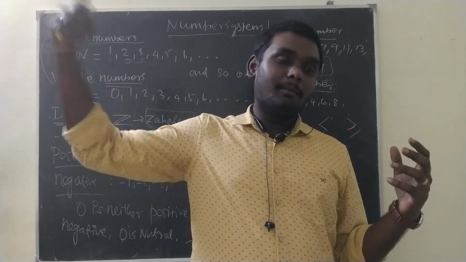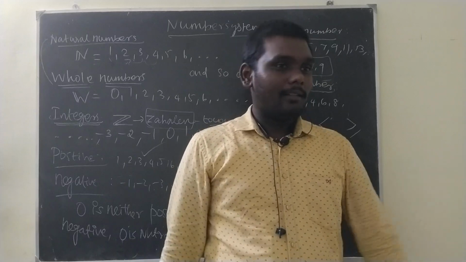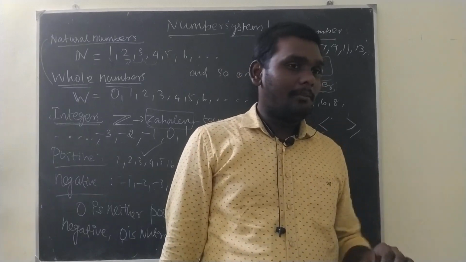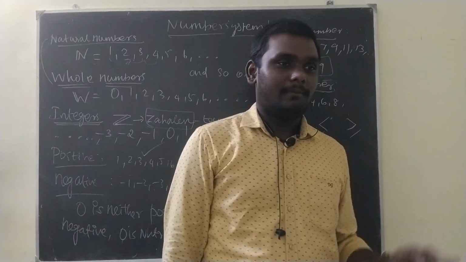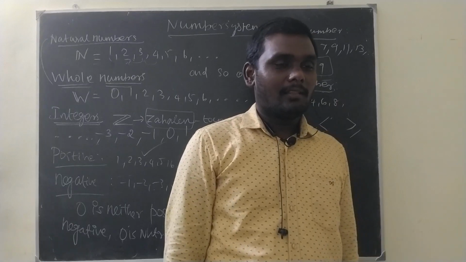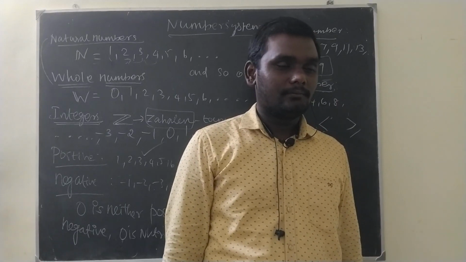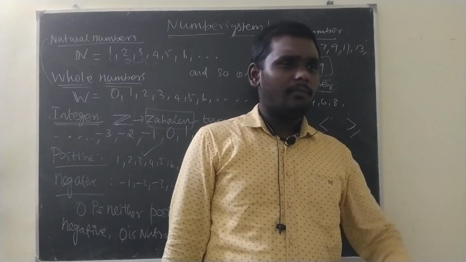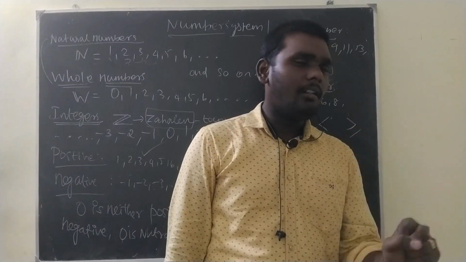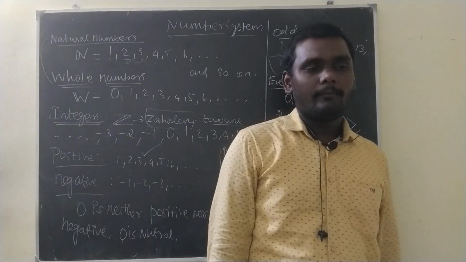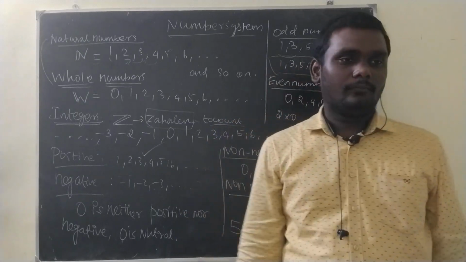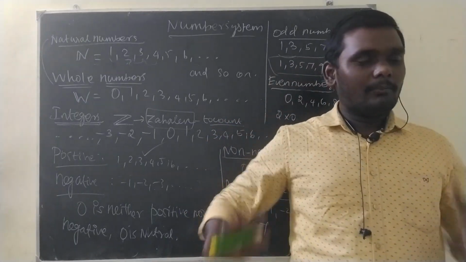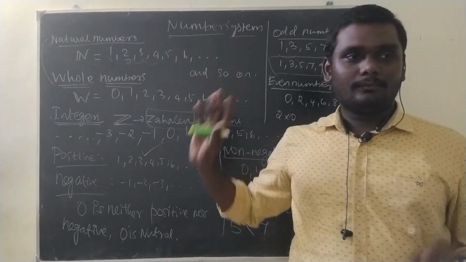So in that manner, the largest natural number cannot be determined. Now, which one is the very, very small natural number? 1. That's it.